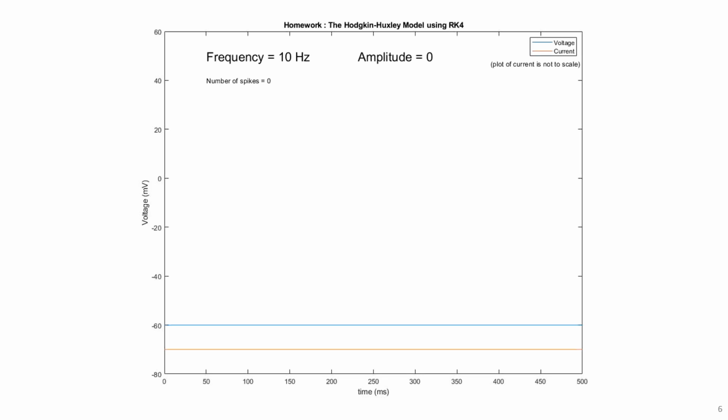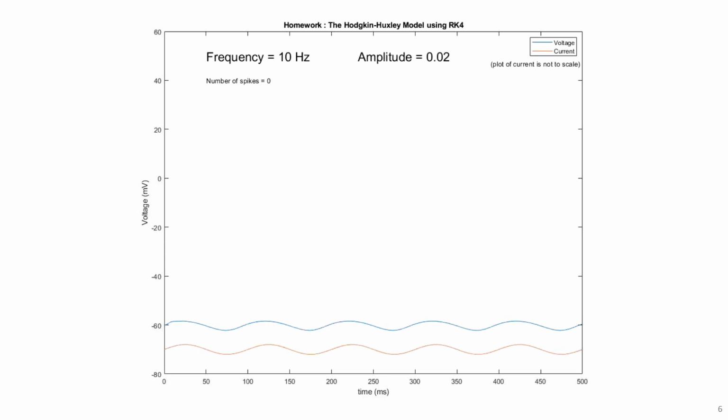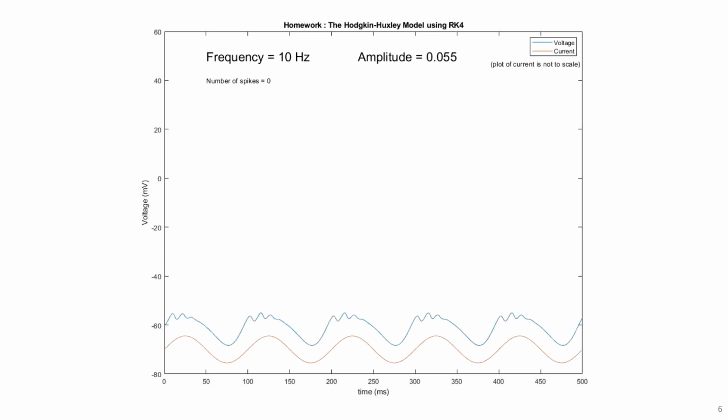Moving on, I increased the frequency to 10 hertz, and we can see that similar things happen. As the amplitude of current is increasing, the voltage starts showing those things that are rising a little bit, and as they rise just a little bit more and touch that threshold level, all of a sudden they would just spike.